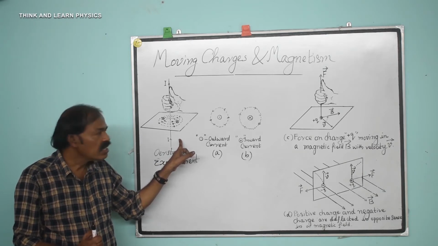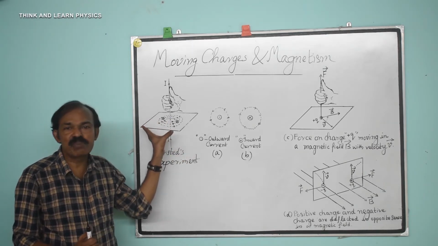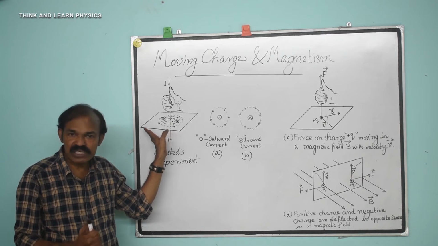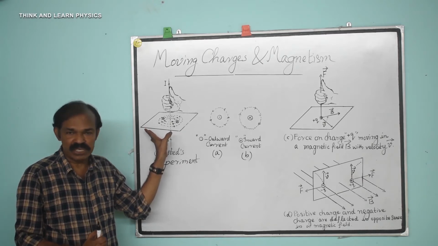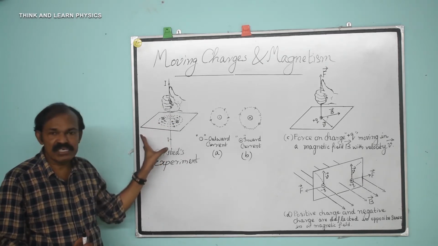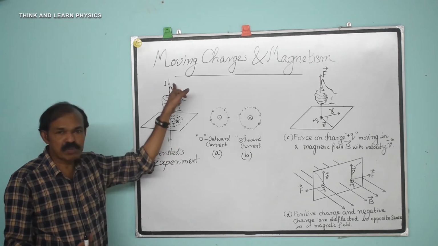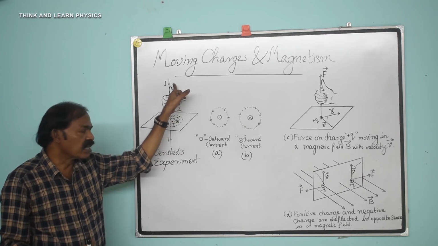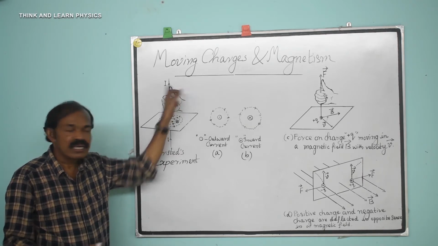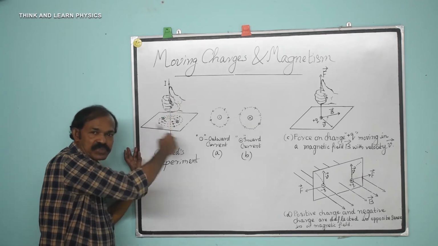That means we see that moving charges create a magnetic field around it. If instead of current we consider the flow of positive charges in the same direction as that of the current, then the magnetic field formed will be like this, the same way.